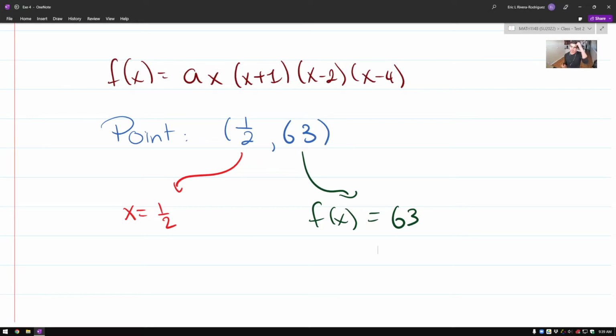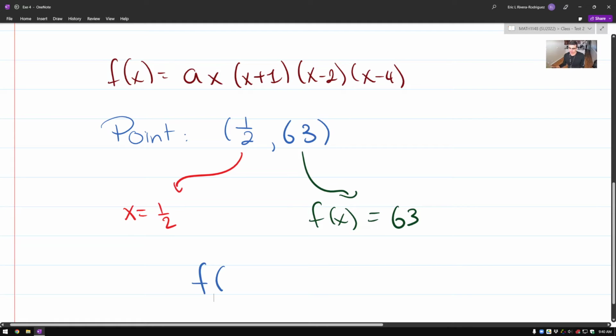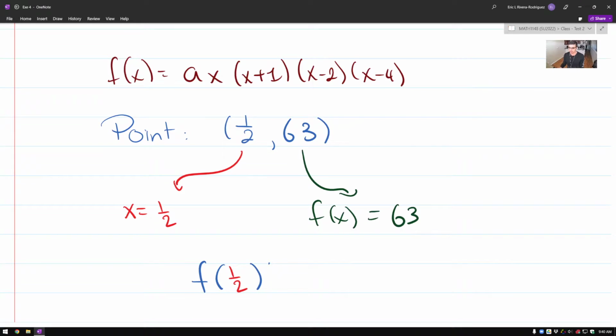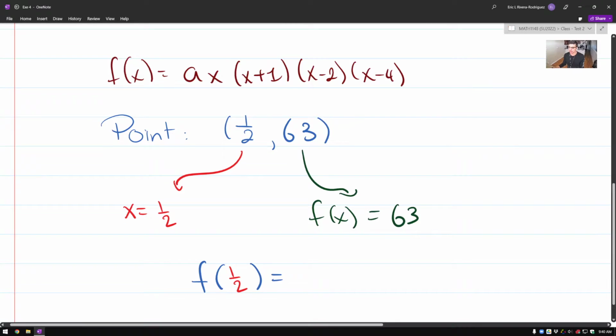It is interesting because now we have the y value, so the value of the function, and also the x value that gives us that specific value. So from this point, we can conclude that when x is 1/2, the value of the function is 63.